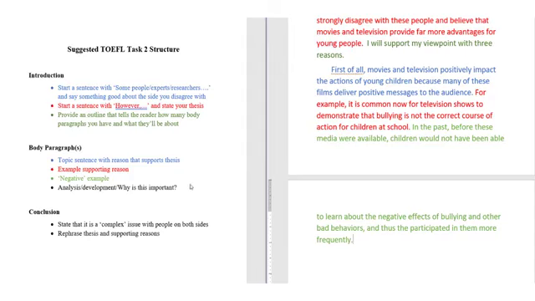And then finally, the last part of this body paragraph is what's called the analysis or the development, or basically, why is this important? Many people neglect this part of the essay, which is a shame. You should not neglect this part of the essay. That's a bad thing. What it does is you have to explain why your reason connects to your thesis.